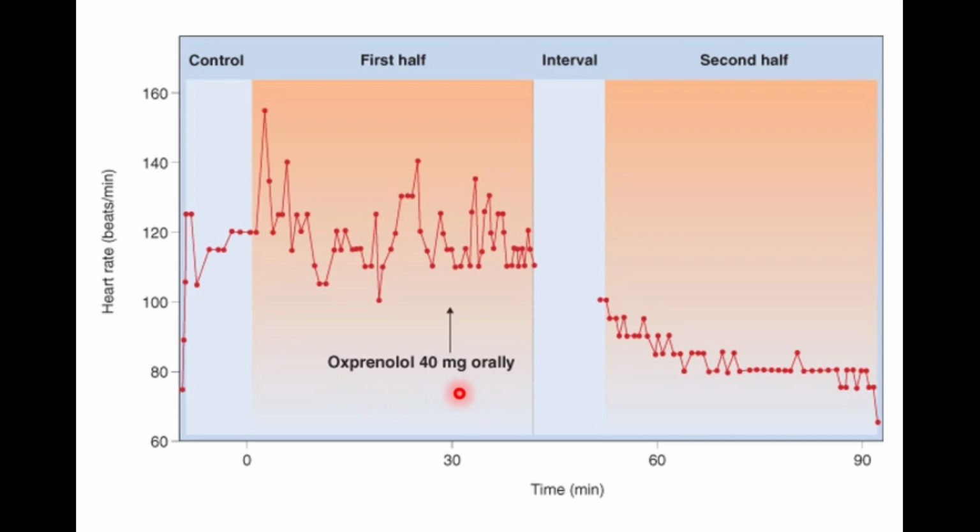As you can see, in the first half time, the heart rate is roughly 120 beats per minute, and from time to time it shoots up. However, after receiving oxprenolol, the heart rate subsides down to a normal level and perfectly removes unnecessary tachycardia.